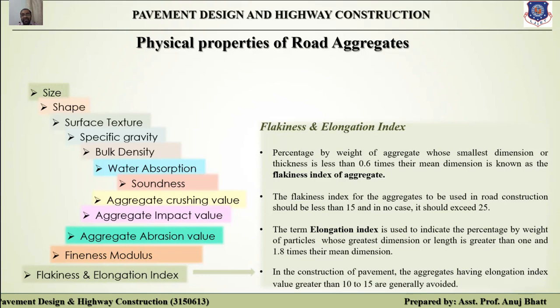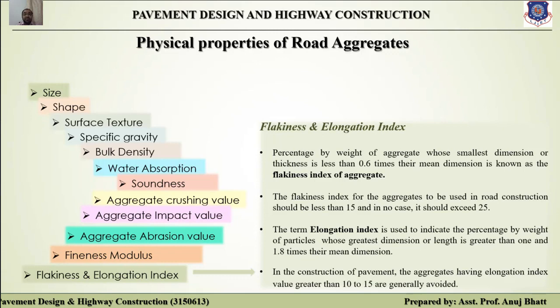This is for the flakiness index. If we talk about the elongation index, this term is used to indicate the percentage by weight of the particles whose greatest dimension or length is greater than 1.8 times their mean dimension.